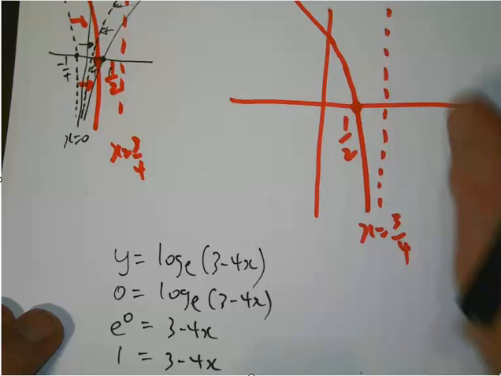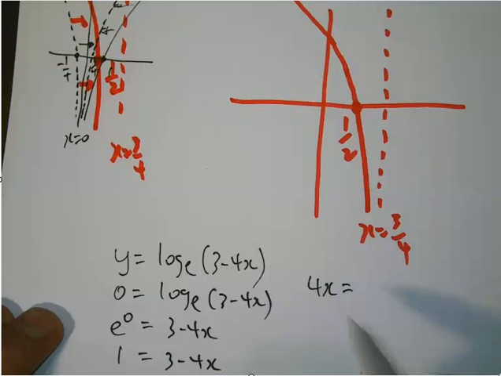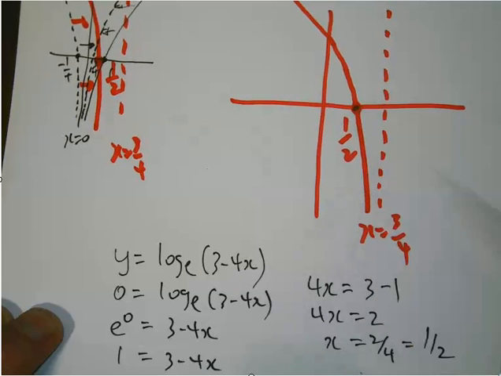Move the 4x over. I would have had 4x equals 3 minus 1. 4x equals 2. x equals 2 on 4, or x equals 1/2, which is correct.